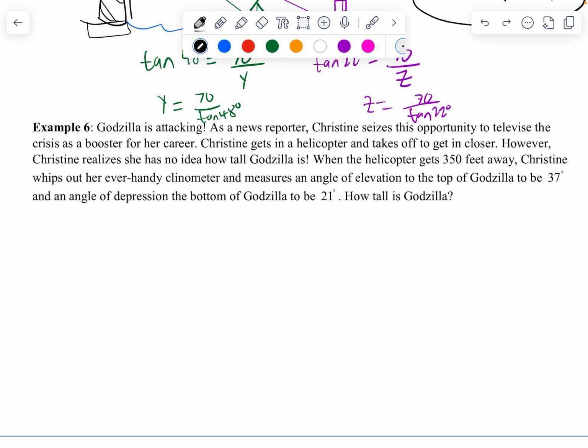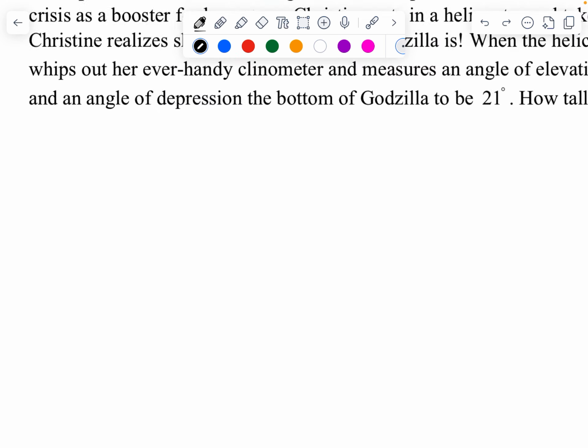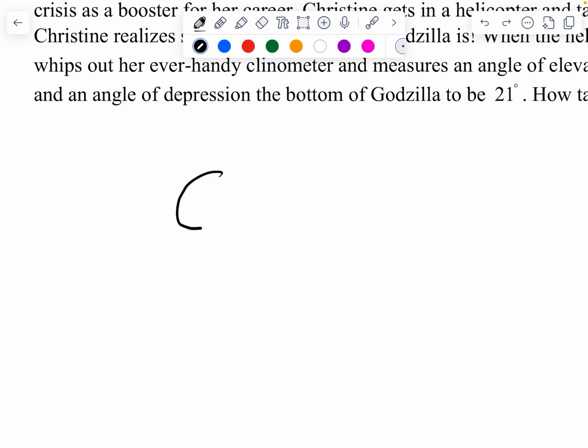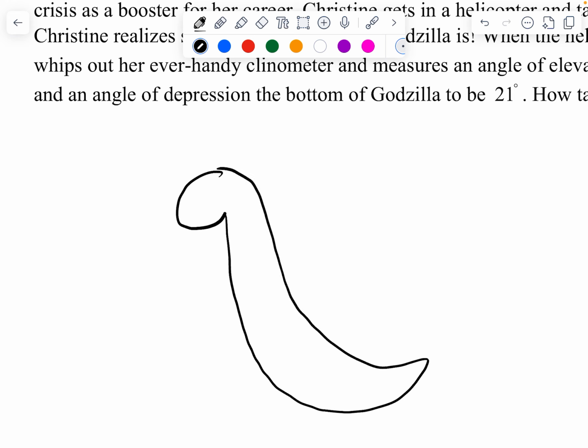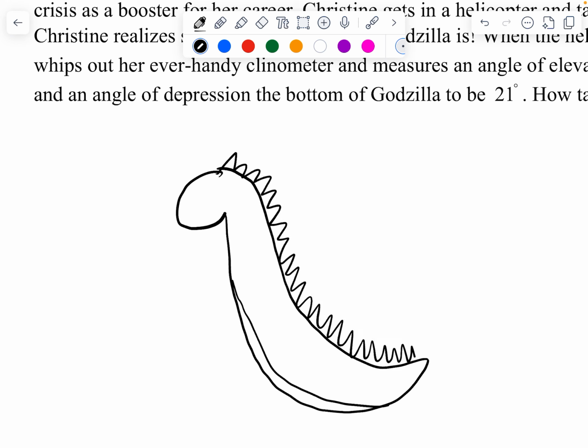Break it down to who's in the picture. First off, the most important thing is Godzilla. Give me a hot second, I can whip out a cool Godzilla. But it's Godzilla, so he's angry, and maybe he's breathing plasma or something.